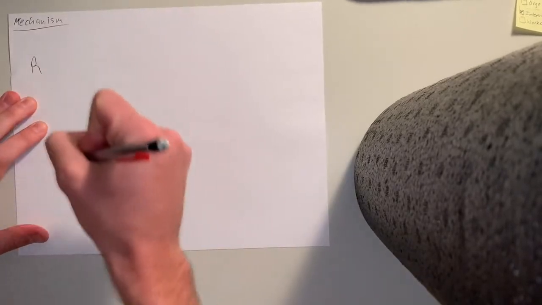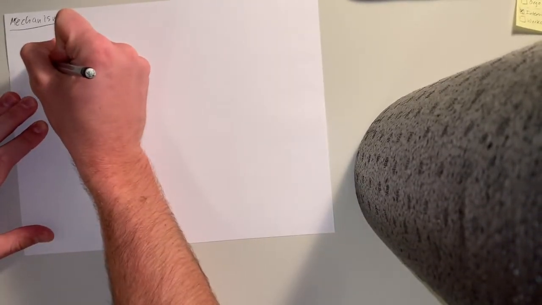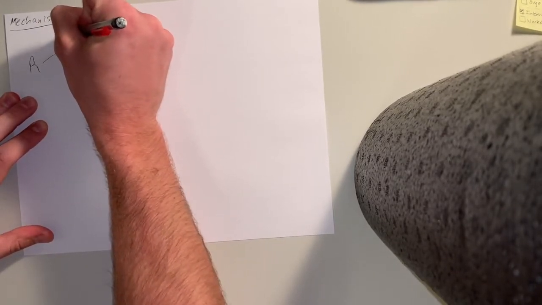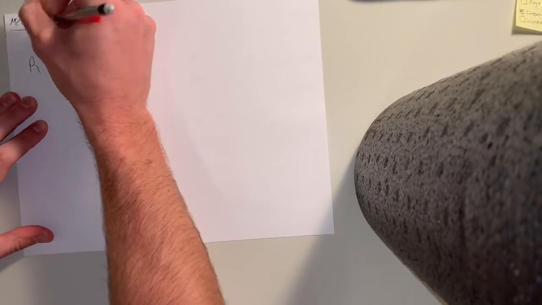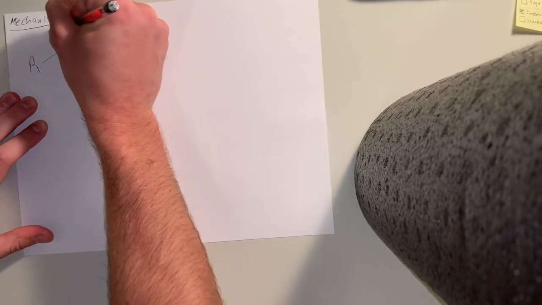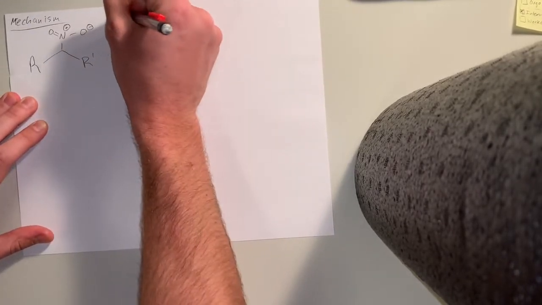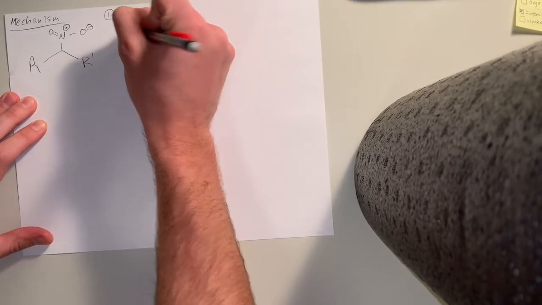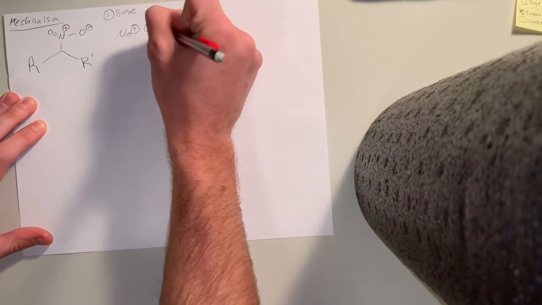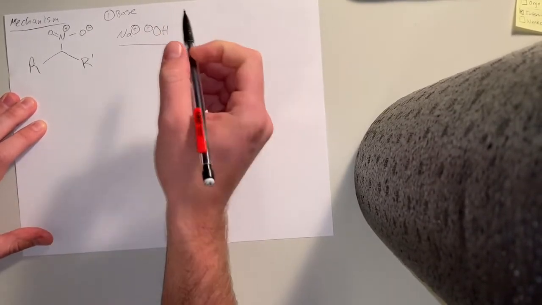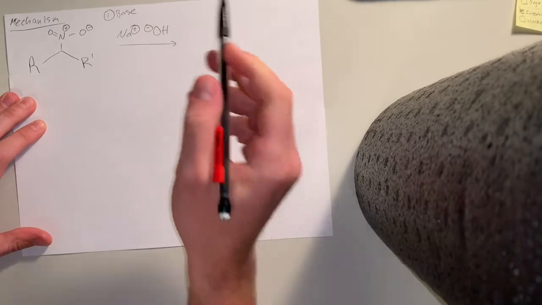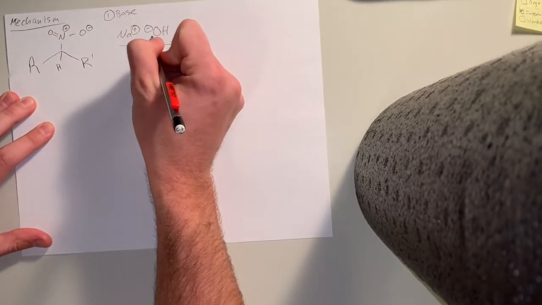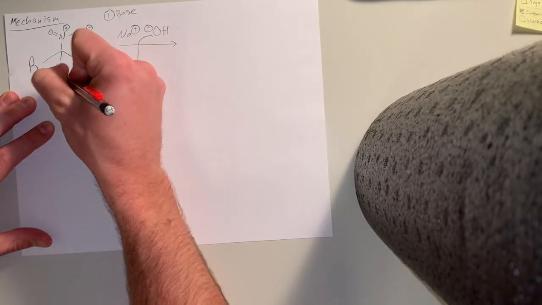Hopefully you can see. Start with the nitroalkane right here. And the first step is going to involve the base. Let's just use NaOH right here. And this is going to be a one direction step. There's going to be a hydrogen here that the hydroxide is going to come grab.